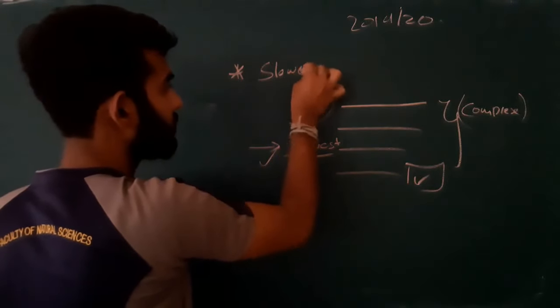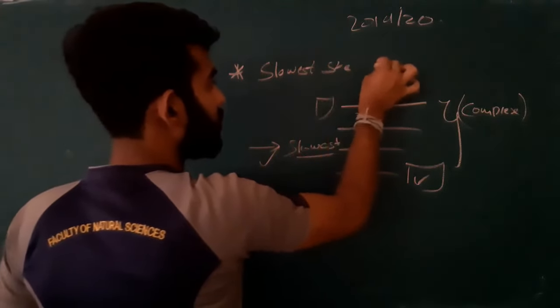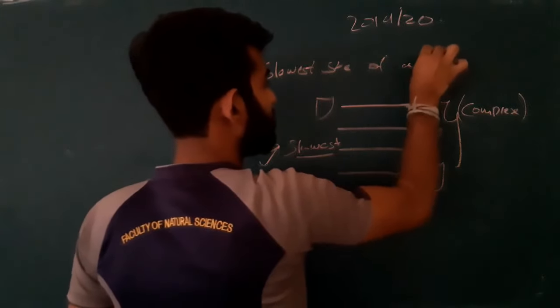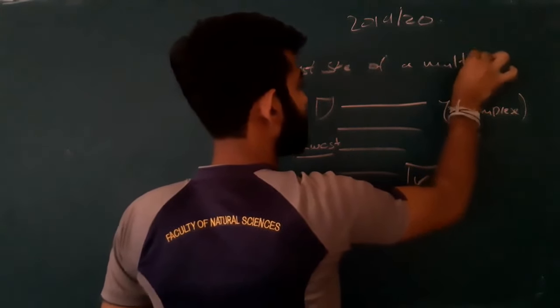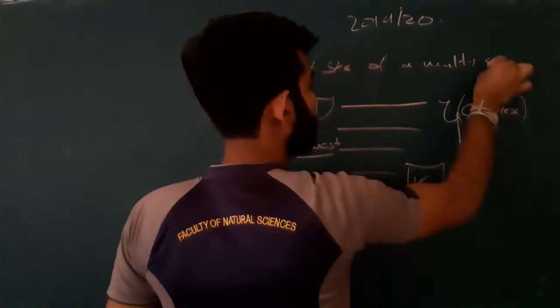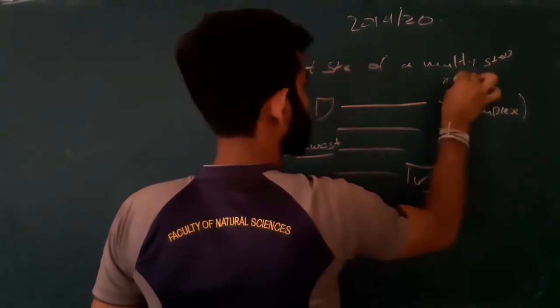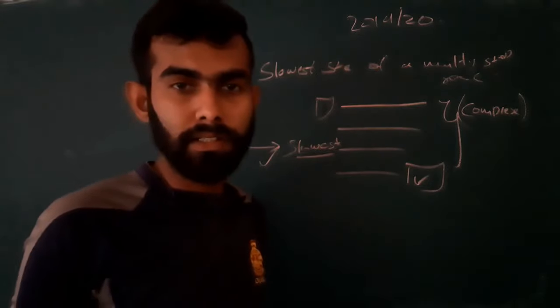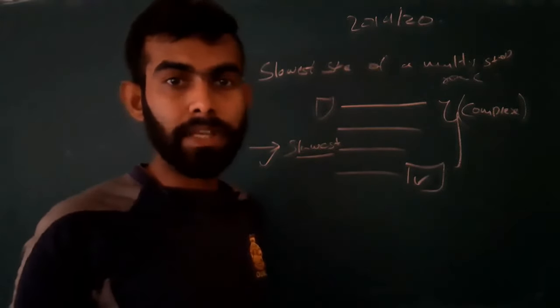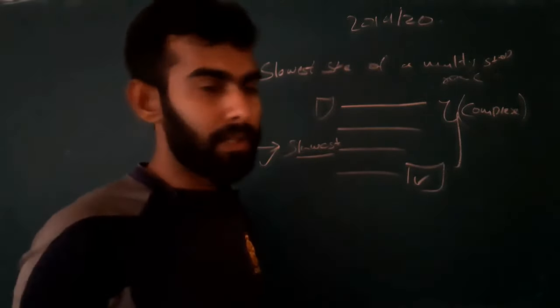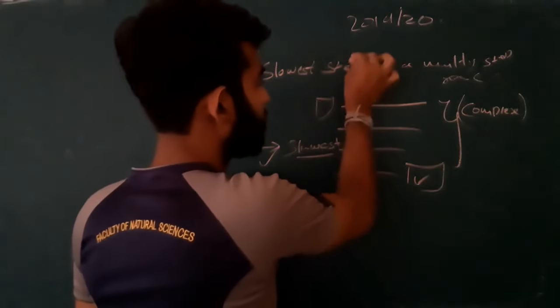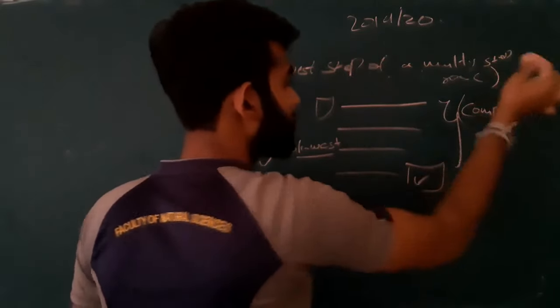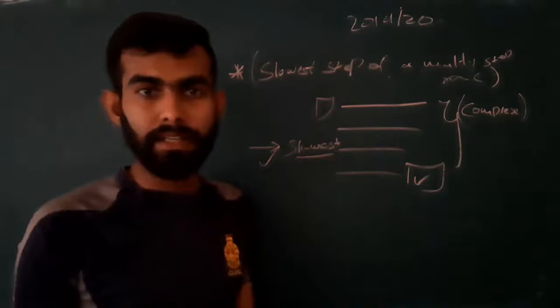Slowest step of a multi-step reaction. In Sinhala, the slowest reaction in a multi-step reaction is called the rate determining step. Slowest step of a multi-step reaction, that is the definition of rate determining step.